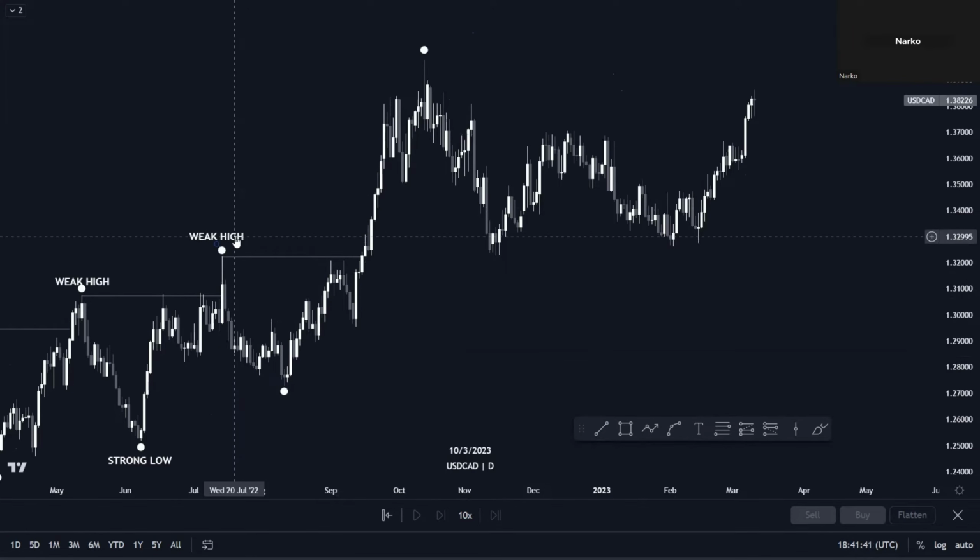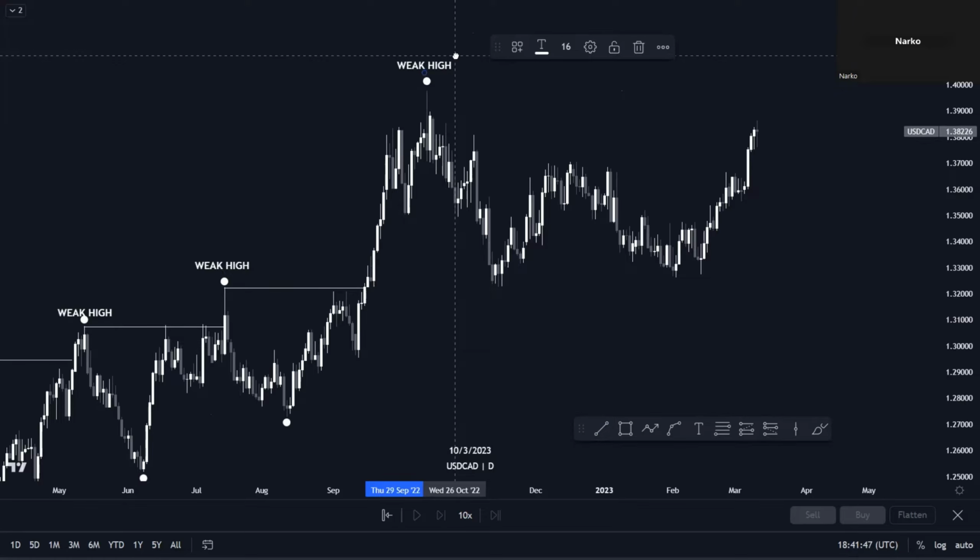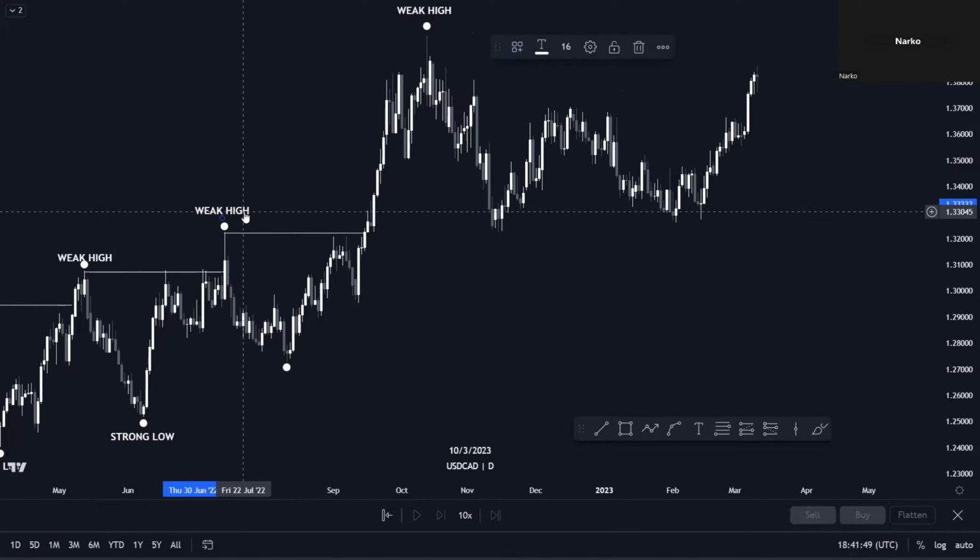This here we can consider as our weak high, and this here as our strong low.